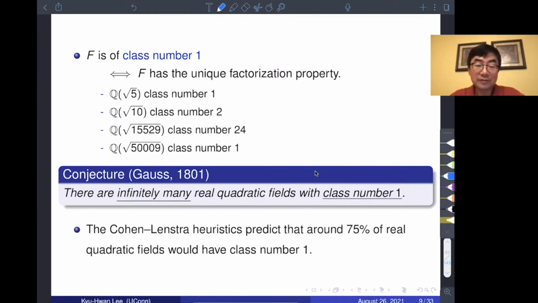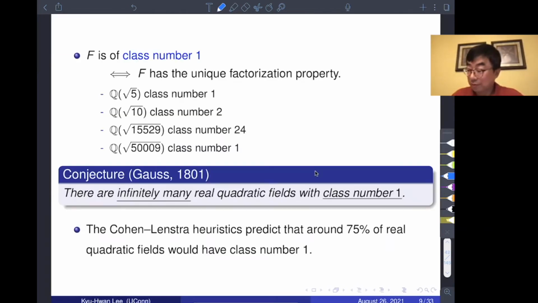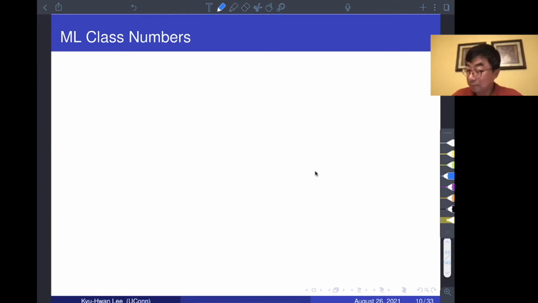And the Cohen-Lenstra heuristics predict that around 75% of real quadratic fields would have class number 1. The heuristics say that there are infinitely many such real quadratic fields, but we cannot prove it at the moment. Okay, that's the introduction of Gauss's conjecture.